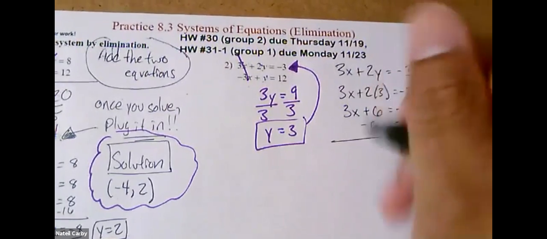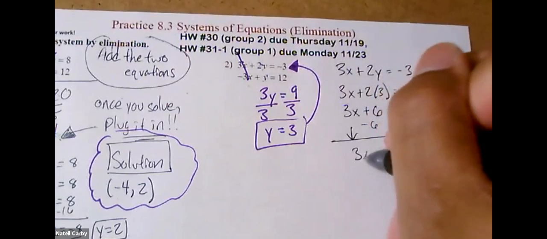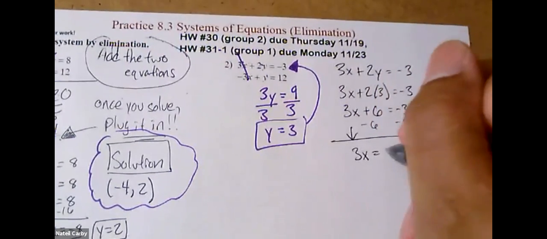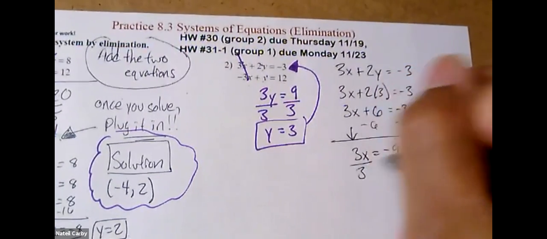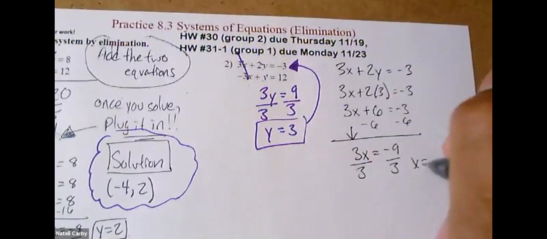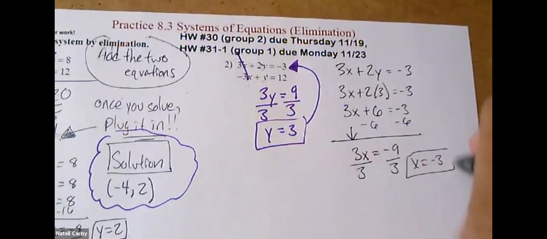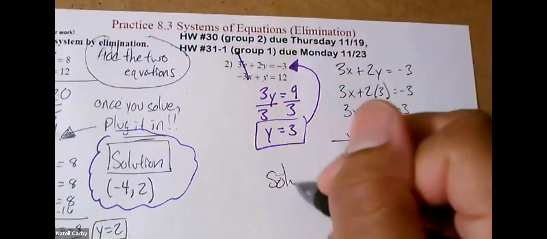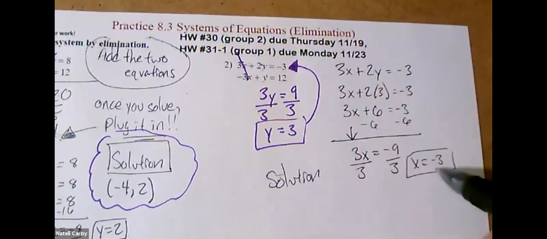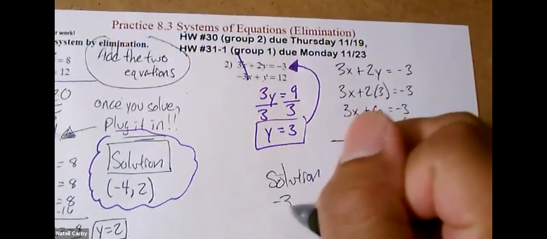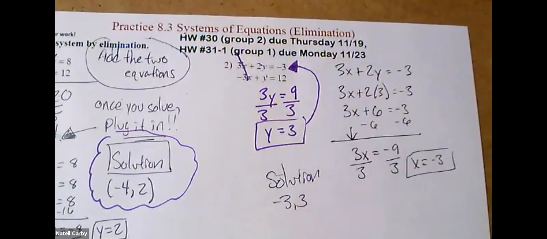Subtract 6. 3x equals negative 9. Divide by 3. X is equal to negative 3. So my solution, when I do the x first, is negative 3, 3.